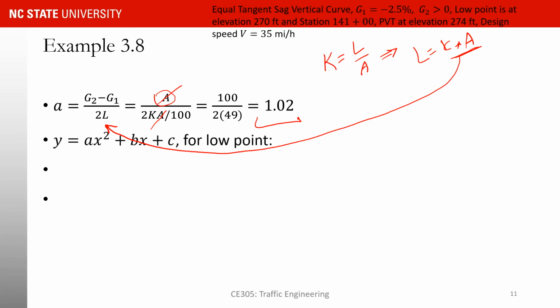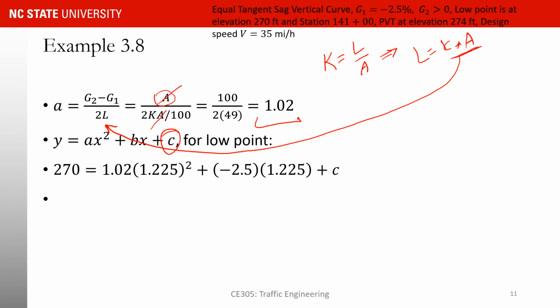So we have y equal to ax squared plus bx plus c. Now the only thing that is left is finding c, and we know that at the low point the elevation is given. So if I just insert y of the low point, which is 270 here, and I have a, 1.02, I have b, which is negative 0.25, and for x, if I put the x of the low point, it's going to be 1.225.